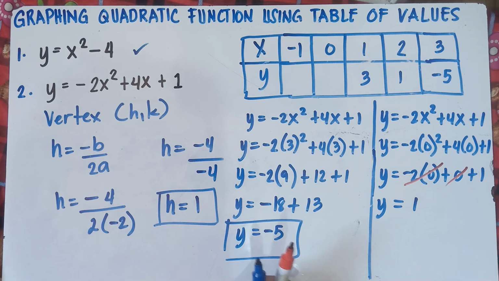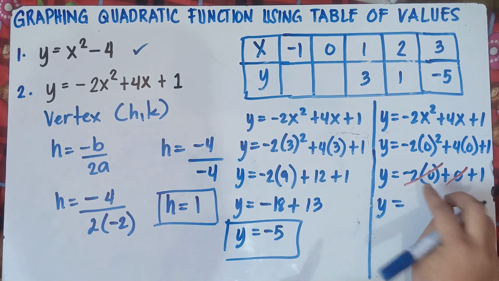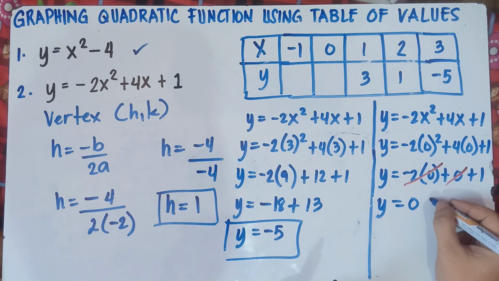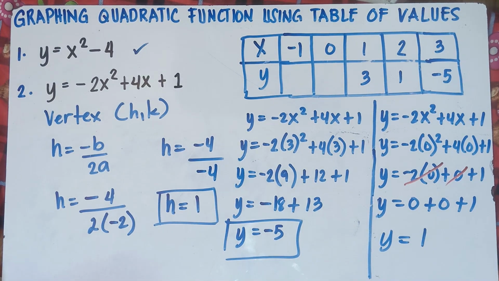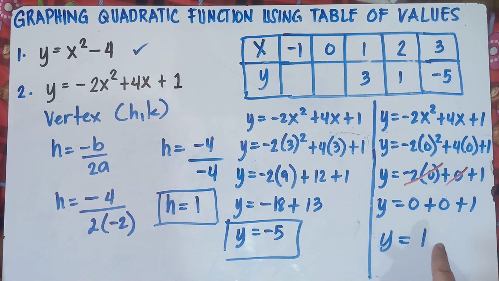If you write it all out, y equals negative 2 times 0, that is 0, plus 0 plus 1. So 0 plus 0 is 0, 0 plus 1, that is 1. So you can just eliminate the 0 plus, and your answer is 1. So therefore, if your x is 0, your y is positive 1.